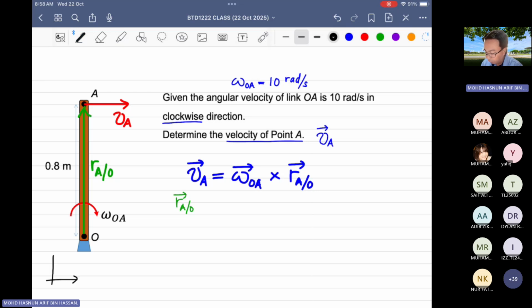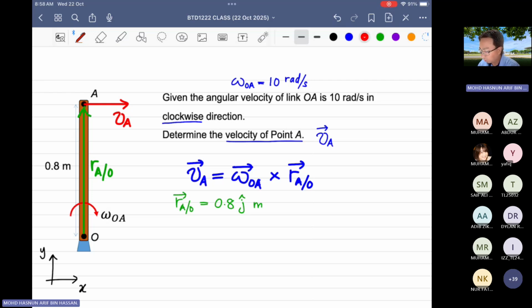You should define your axis: x is positive pointing to the right, and y is positive pointing upwards. So RA/O will be in the positive direction of the y-axis. Therefore, we write RA/O is equal to 0.8 positive in the y-axis, which is j unit vector, and the unit is meter.